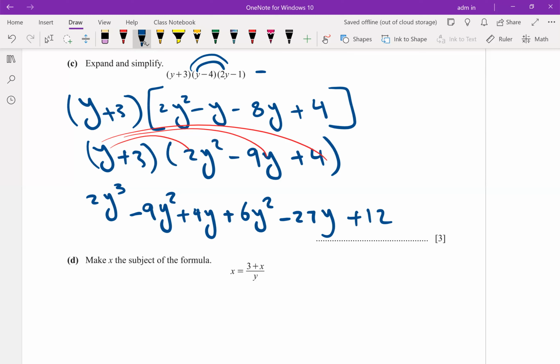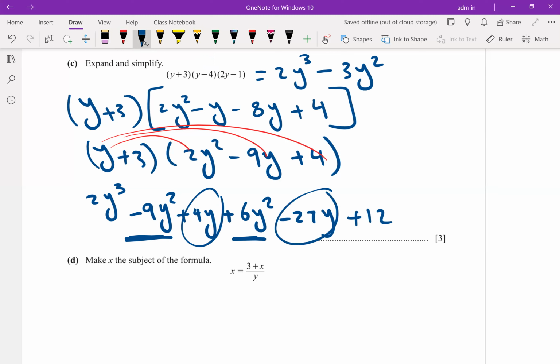Simplify your answer as far as you can. 2y to the power of 3 minus 9y squared and the plus will be minus 3y squared. 4y minus 27y is negative 23y plus 12.